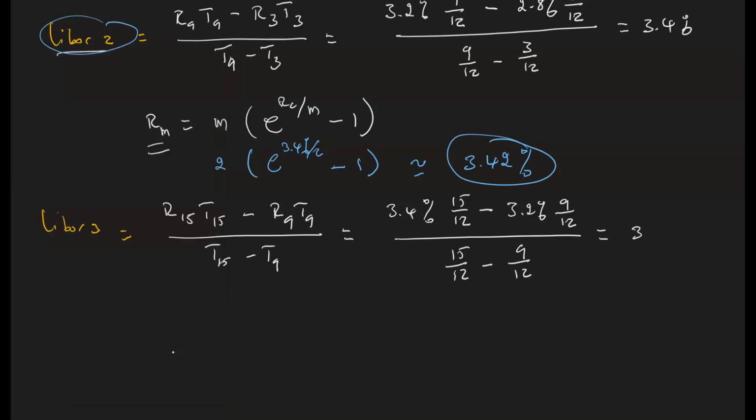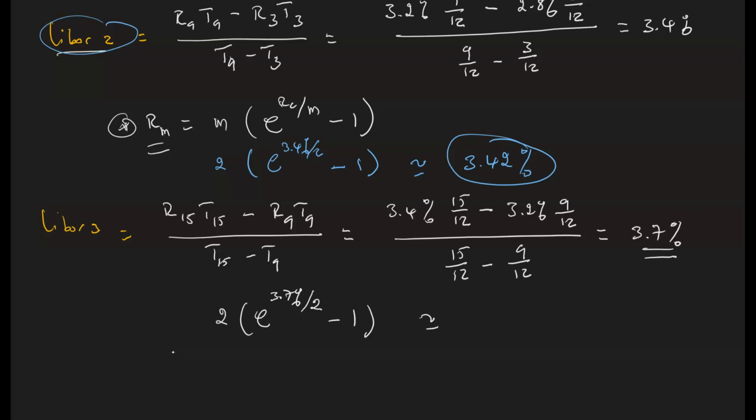So I'm going to have 3.7% here, but this is going to be continuously compounded. So I'm going to convert that using the same expression that I have here. And so LIBOR 3 is going to be equal to 2 times the exponential of my continuously compounded rate, which is 3.7%, divided by 2, minus 1.